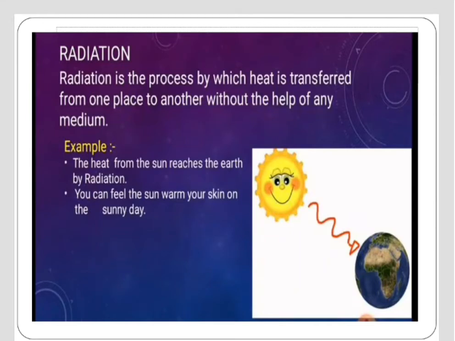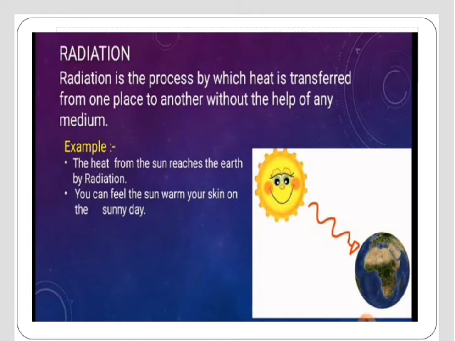Next point is radiation. Radiation is the process by which heat is transferred from one place to another without the help of any medium. Medium like air, water, etc. This type of medium is not required by the radiation process.